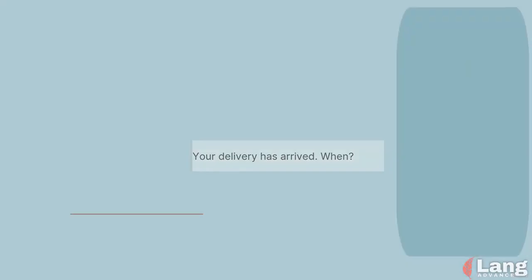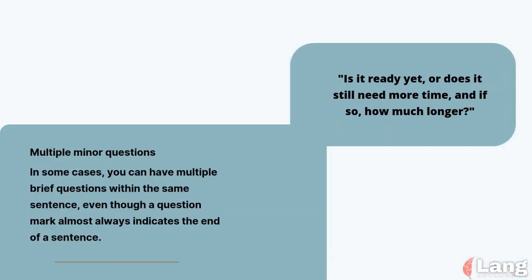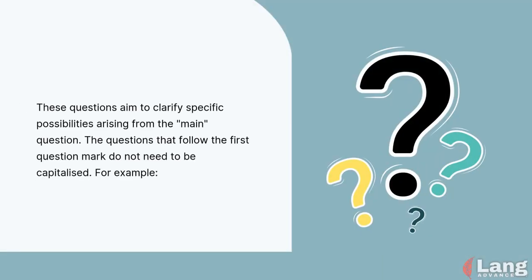Multiple minor questions. In some cases, you can have multiple brief questions within the same sentence, even though a question mark almost always indicates the end of a sentence. These questions aim to clarify specific possibilities arising from the main question. The questions that follow the first question mark do not need to be capitalized.